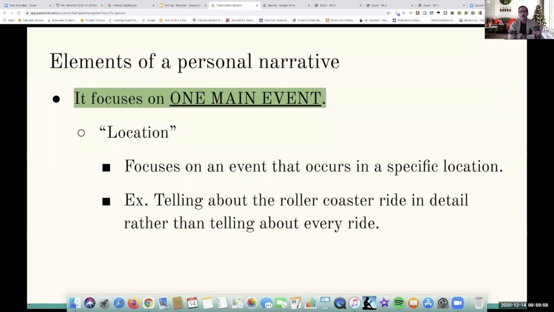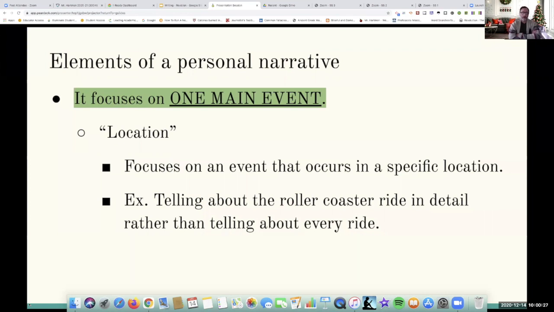We want one roller coaster, the one that made you scream, the one that set you on edge a little bit. That's the one that we want to hear about. So there are two types of Zooms, or ways of focusing on one main event in a personal narrative or story.